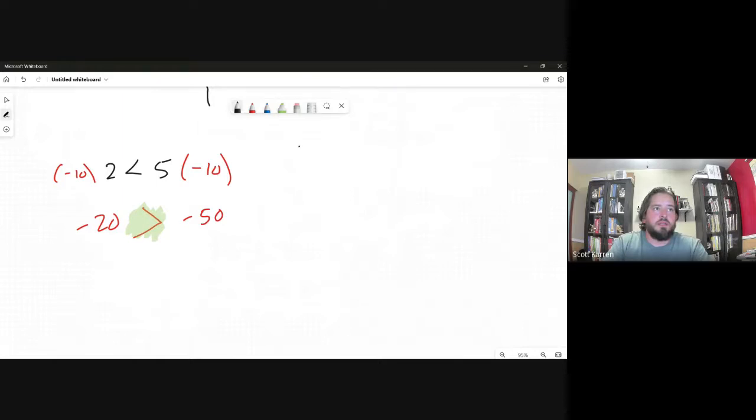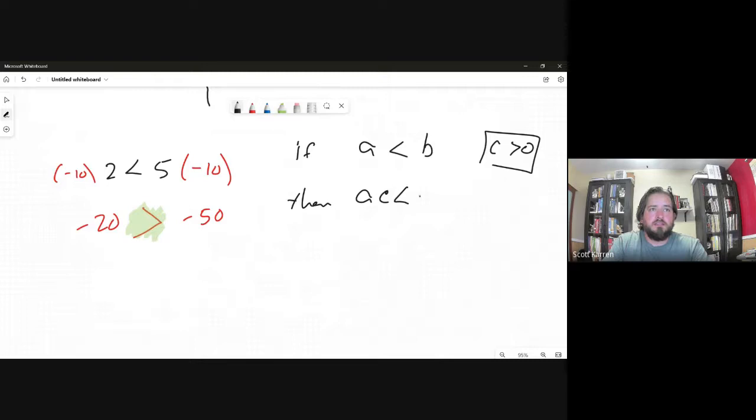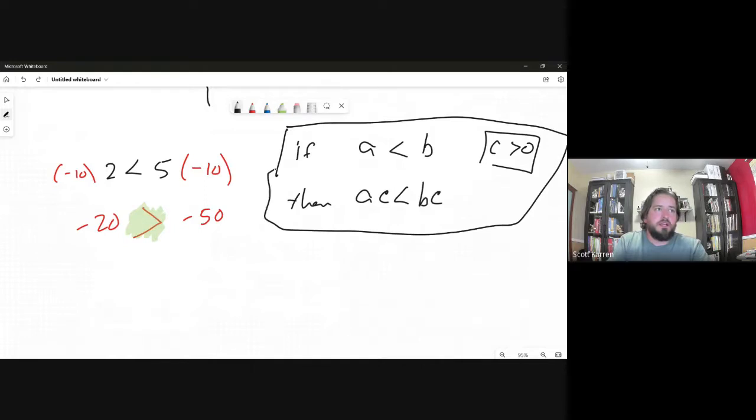So if A is less than B, and I take C to be some positive number, if C is greater than 0, then A times C is still less than B times C, as long as C is positive, right? So again, as long as C is positive, then we're okay.